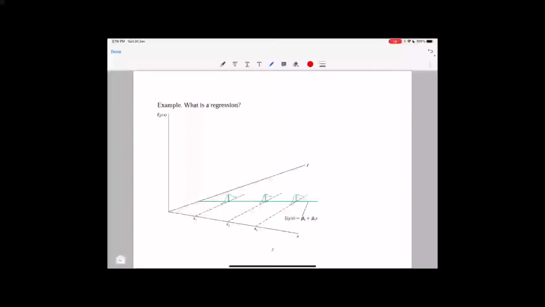Here is a quick example. What is the regression? We know the regression is the conditional mean of y given x, which is a function of x. Let's see the figure here. This is y, this is x, and we have the conditional distribution of y given x. For each x, let's say x equals x1, there is a distribution here.